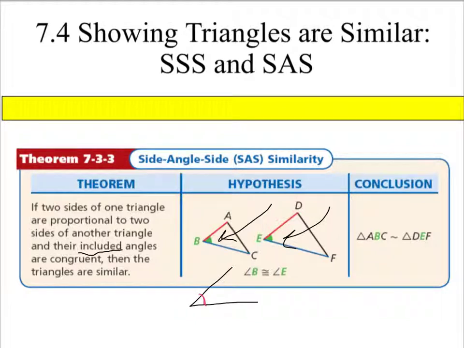AB and BC form together at angle B. Same thing with DE and EF, they form at angle E. So AB and BC are proportional to DE and EF, and angle B is congruent to angle E. That included angle has to be congruent.